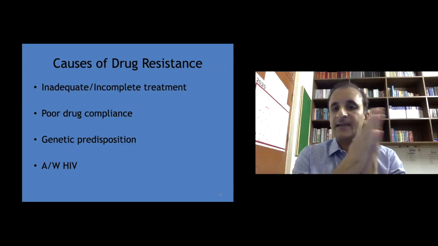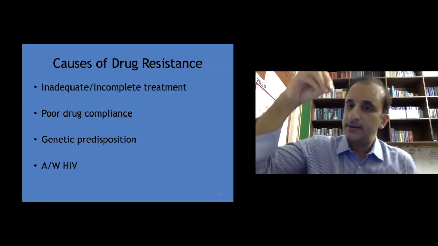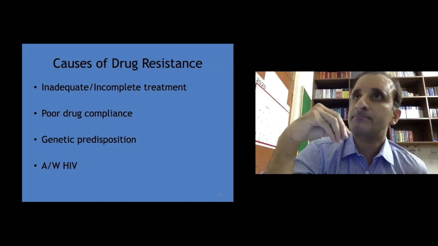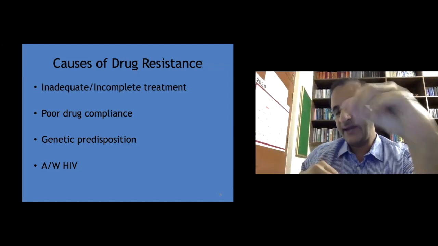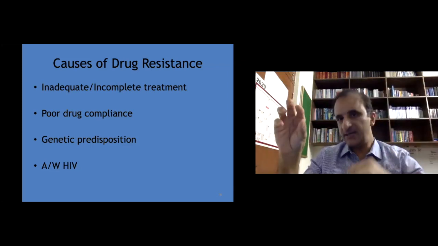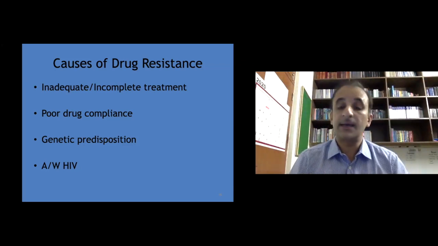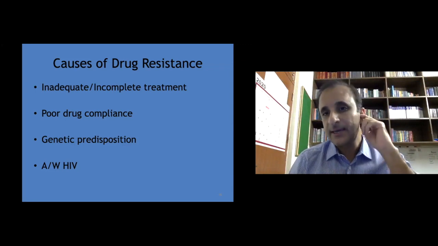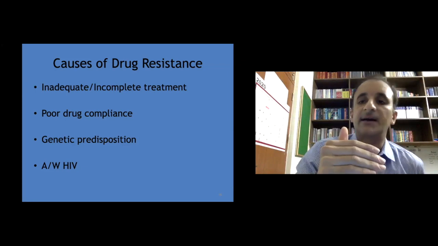Then we now know that there is a genetic predisposition for resistance to anti-tubercular drugs for particular drugs. So you will have INH resistance, and you have particular genes associated with that. Similarly for other drugs, okay? So there is a tendency of genetic predisposition. And also, if you have associated HIV, then it is important to consider MDR, okay?